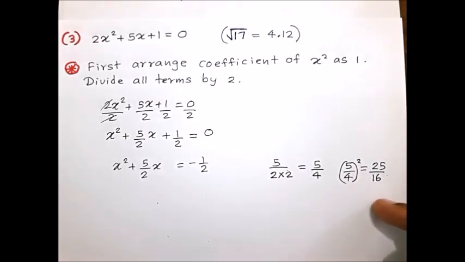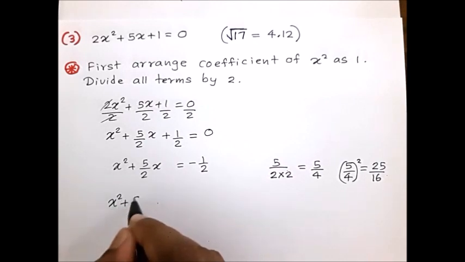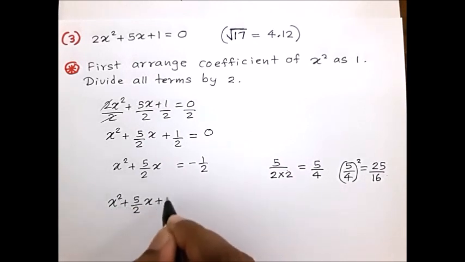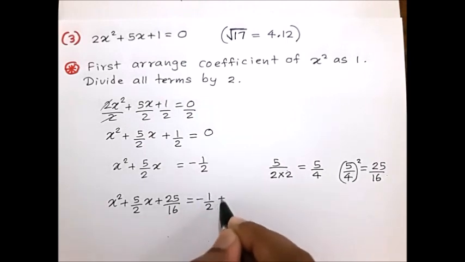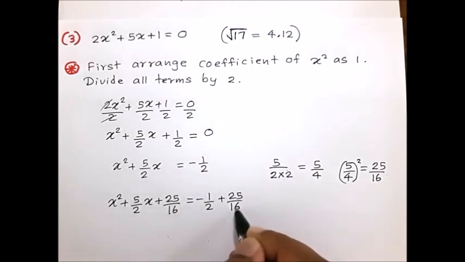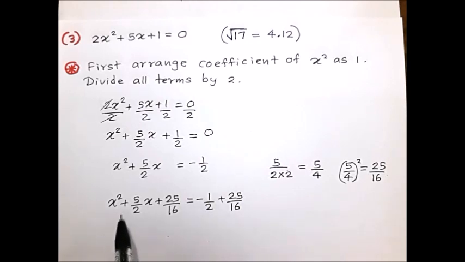Now you have to add this value to both sides of this equation. 5 divided by 2x, then add 25 over 16. Add it to the right hand side also. Then write the left hand side as a perfect square. First term is x, so write x here.